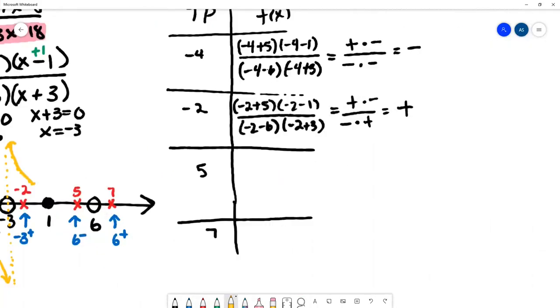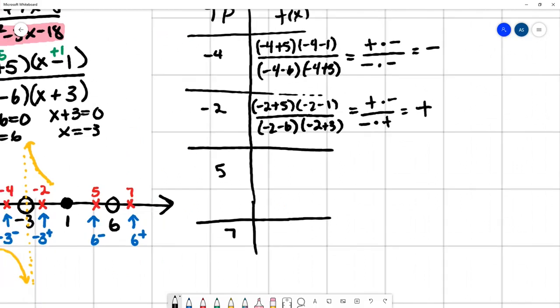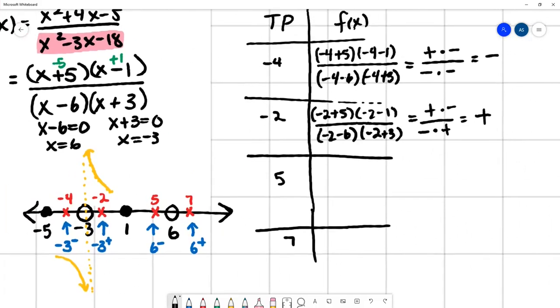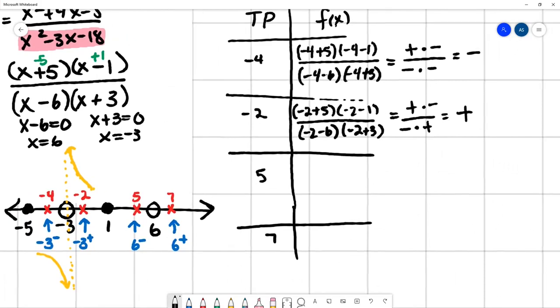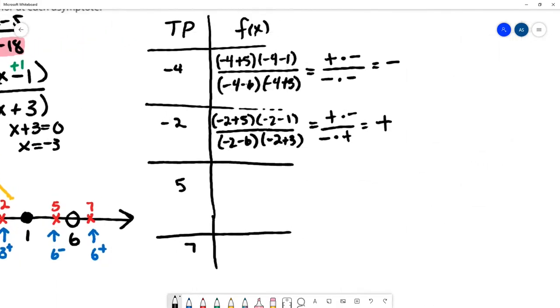All right, let's try 5. Okay, for 5, we have 5 plus 5, 5 minus 1, and 5 minus 6, and 5 plus 3.